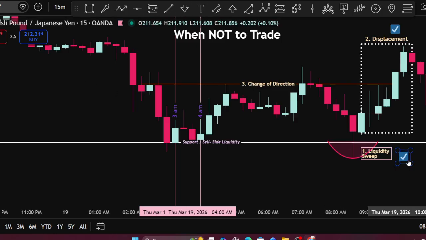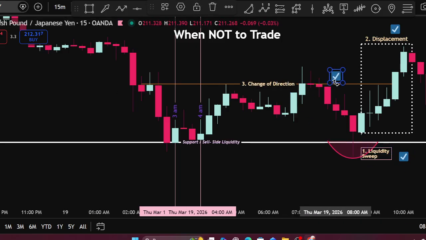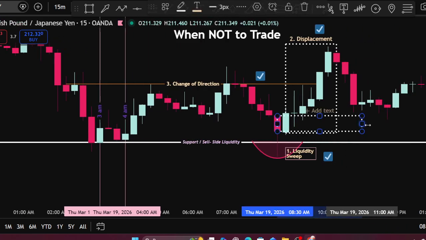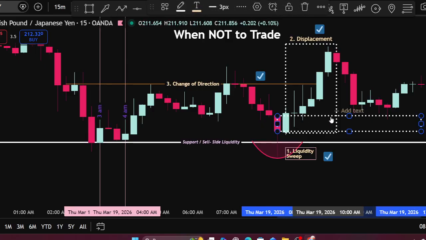Now we had all 3. So now I can look for my entry. Where will the entry be? In this area down here, because this is my last bearish candle.